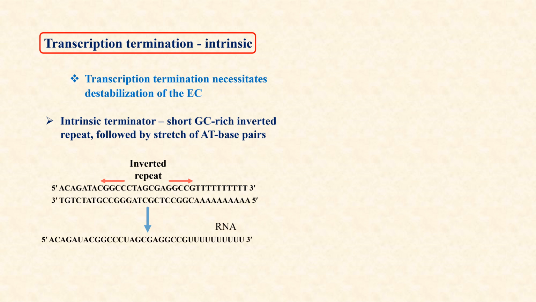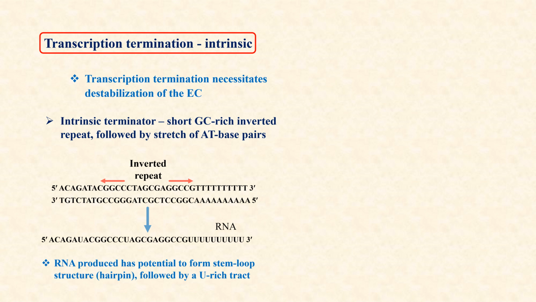When these sequences are transcribed by the RNA polymerase, the RNA produced has the potential to form a stem loop structure or hairpin, which is followed by a 7 to 8 nucleotide U-rich tract.